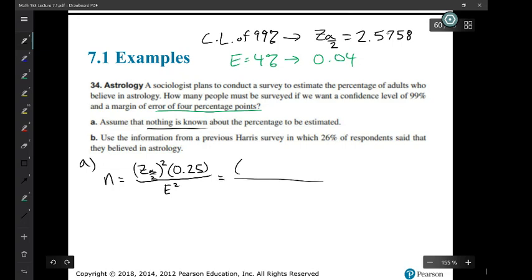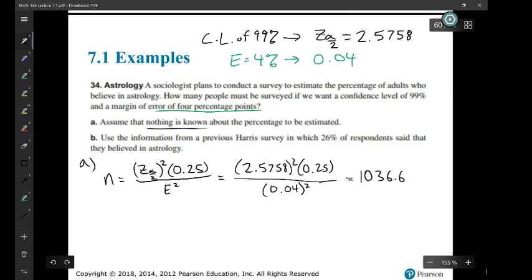So we have 2.5758 squared times 0.25, divided by 0.04 squared. And that works out to 1036.6.